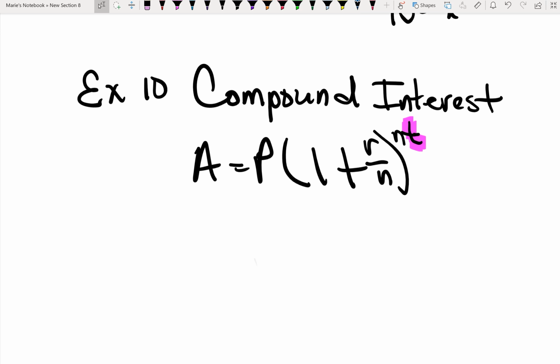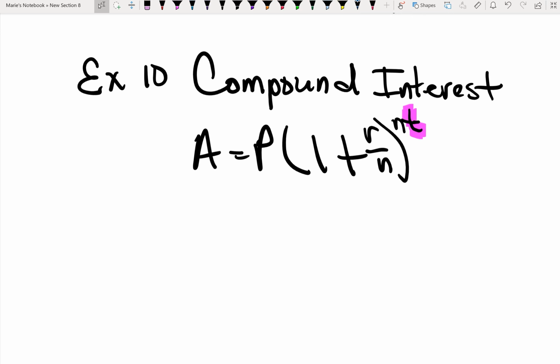And so in this example, this is what they tell you. It says, given the formula, this described the accumulative value A of a sum of money P, the principal, after T years at annual percentage rate, which is in decimal form, N times compounded in a year.